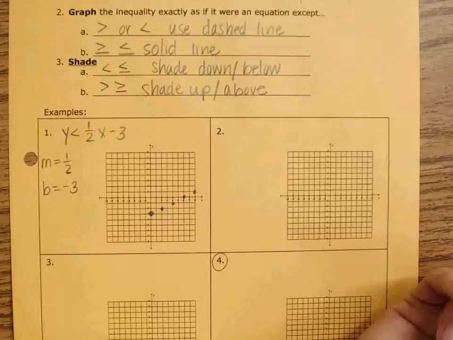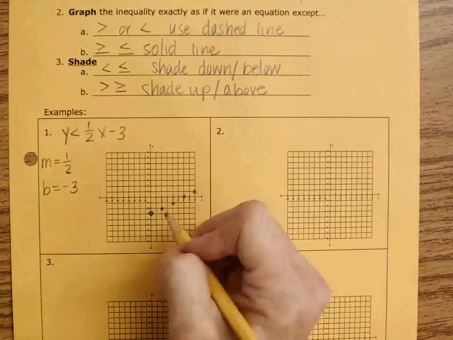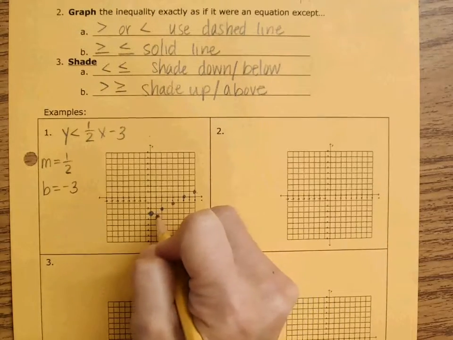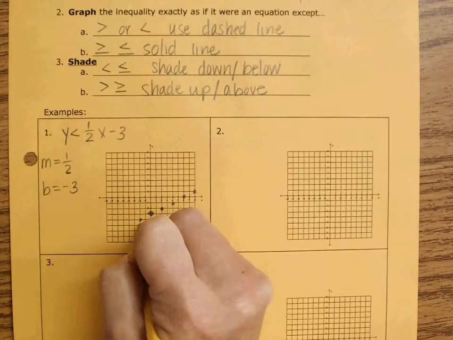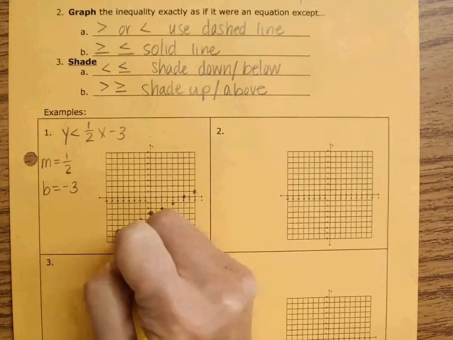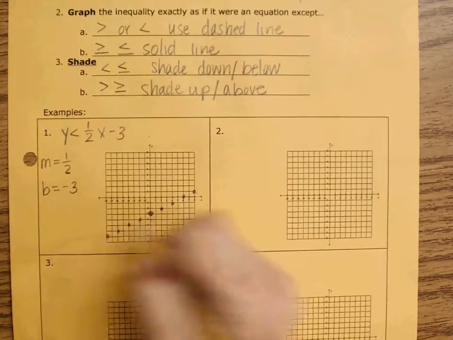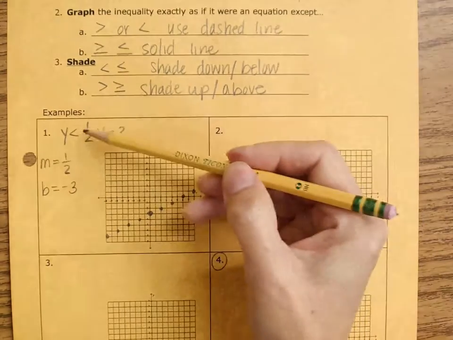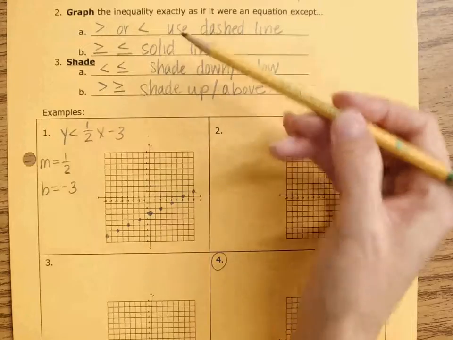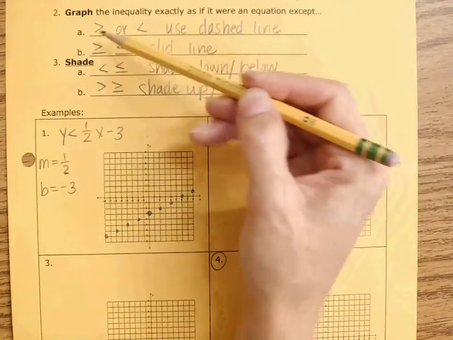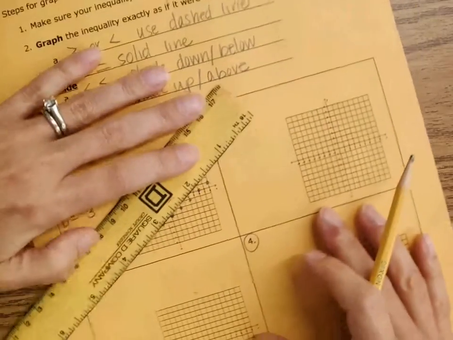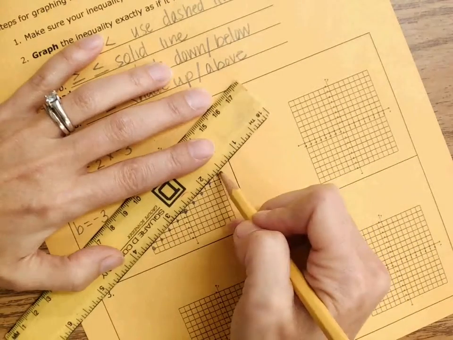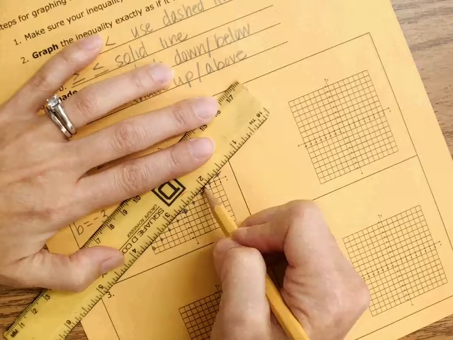And I know I said only 3 points, but I like to draw many so I have a nice accurate graph. There's nothing wrong with continuing the slope movement. Taking a look at this inequality, I'm going to use a dashed line, so let's go ahead and do the dashed line to connect our points.